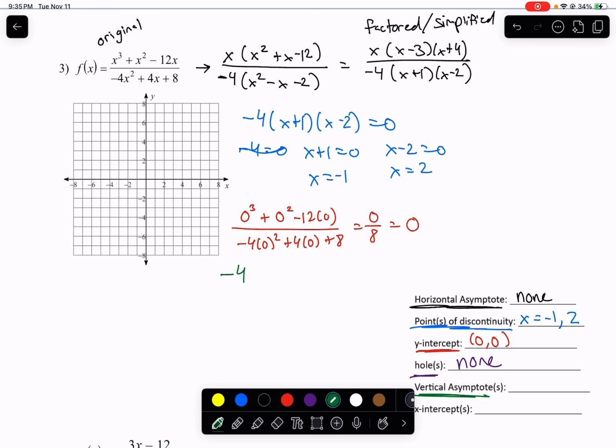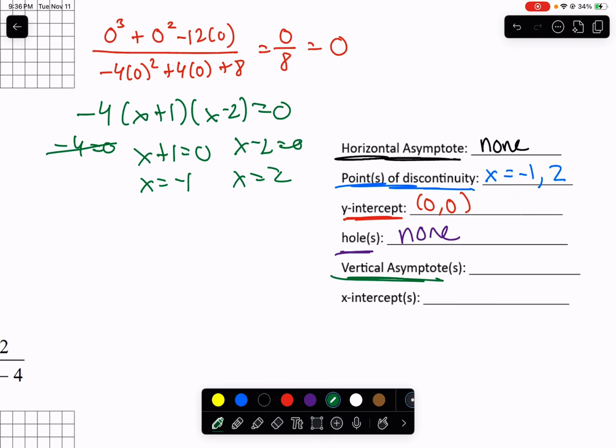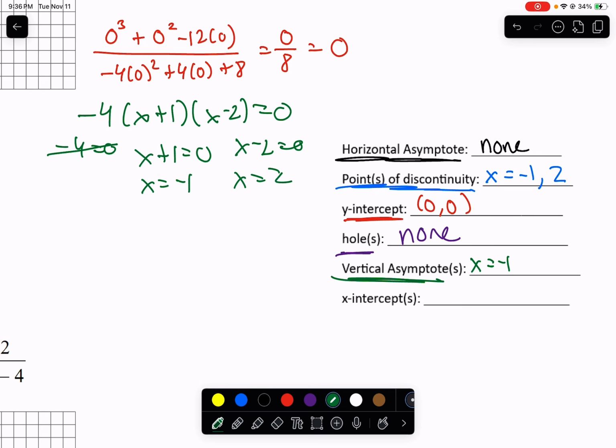So we just set negative 4, x plus 1, x minus 2 equal to 0. Like we said, negative 4 equals 0 doesn't give me anything. X plus 1 equals 0, I get x equals negative 1. X minus 2 equals 0, I get that x equals 2. So I have vertical asymptotes at x equals negative 1 and x equals 2.